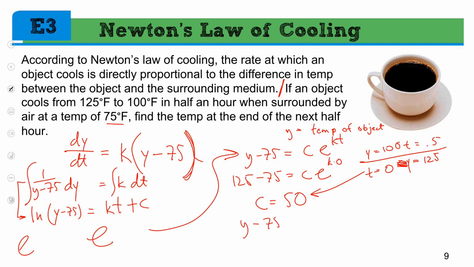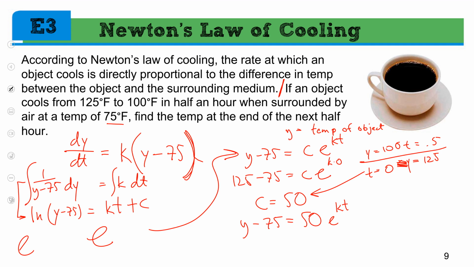Okay. So that gets us to this. y minus 75 is equal to 50 times e to the kt. I've eliminated one of the variables and turned it into a known quantity. The other thing we need to find is k.